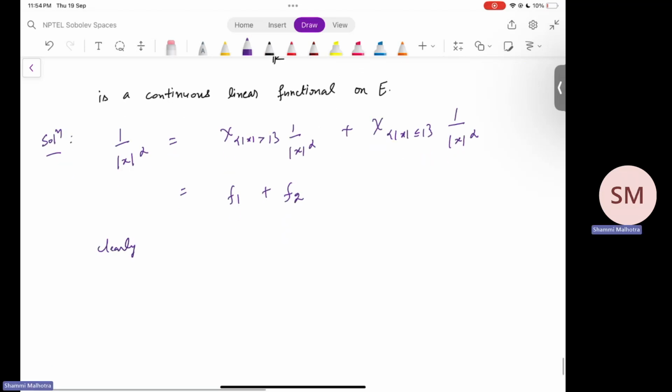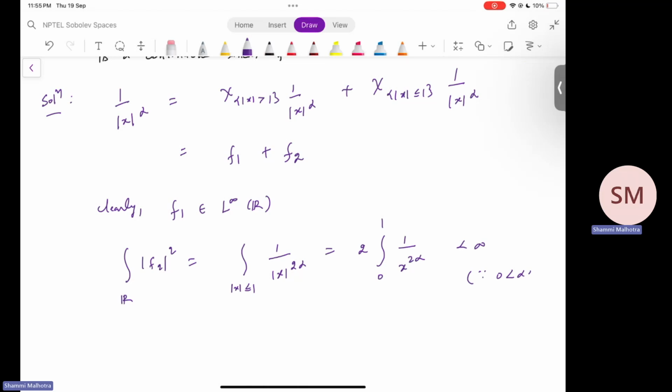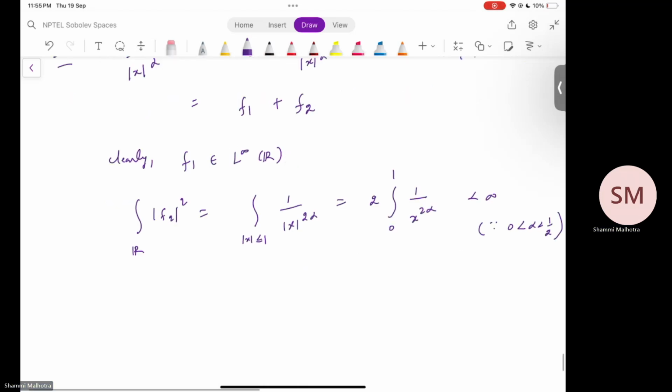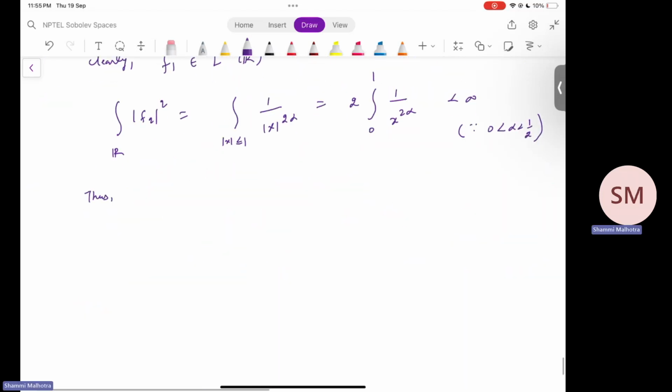Clearly f1 is in L infinity of R, and if we take the L2 norm of f2, this turns out to be the integral over |x| less than or equal to 1 of 1 over |x|^(2 alpha), which is nothing but twice the integral from 0 to 1 of 1 over x^(2 alpha), and this is finite since alpha lies between 0 and a half. Thus we have our result.